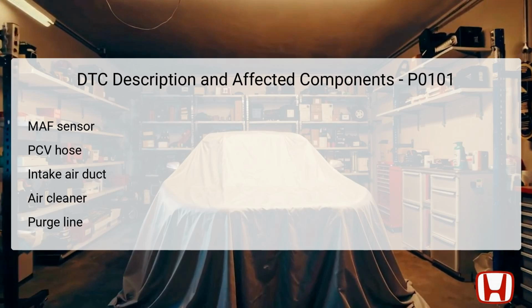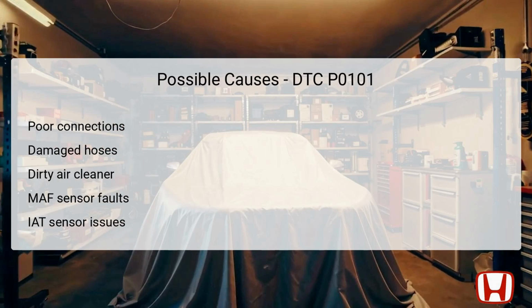Any damage or poor connection in these components can cause incorrect readings or performance issues, which in turn may trigger the DTC. Possible causes for the P0101 DTC primarily stem from poor connections or damaged components within the intake air system.